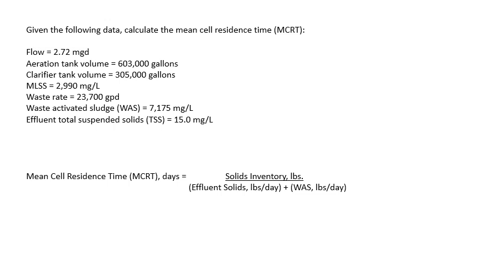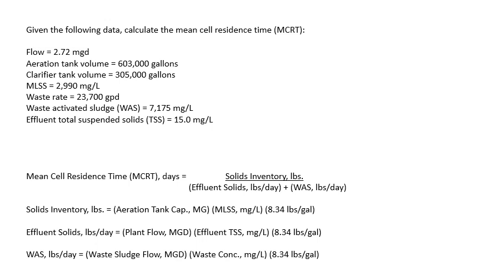The mean cell residence time formula that we are using is the solids inventory in pounds divided by the effluent solid pounds per day plus the waste activated sludge pounds per day. Well, this problem is going to take a couple of steps because they didn't give us any information. We're going to have to solve for it. So we're going to go ahead and use our 3 pounds formulas to solve this question.